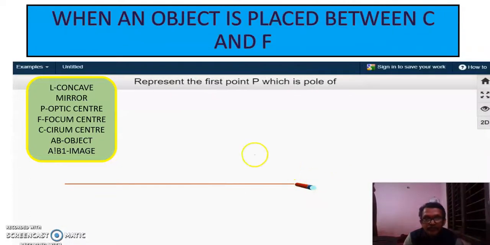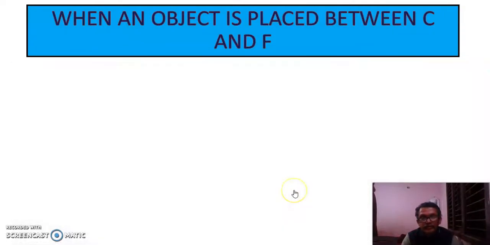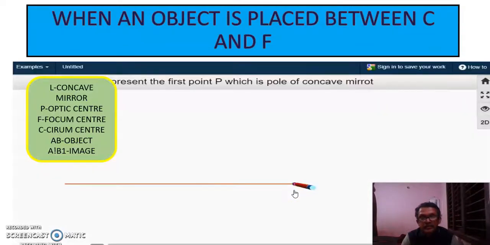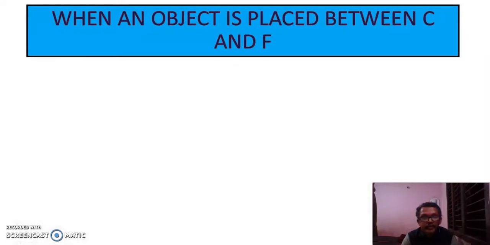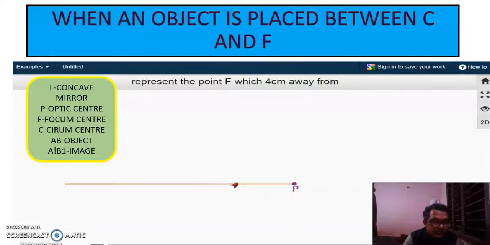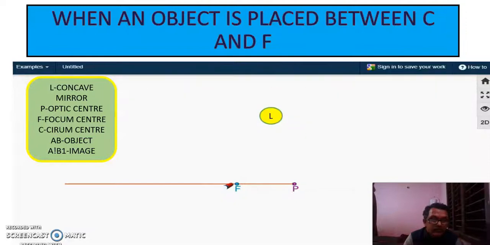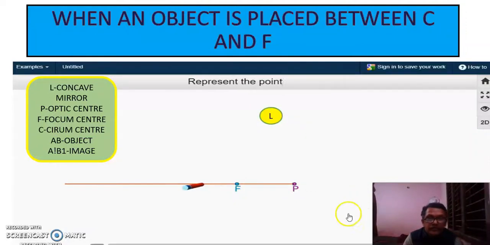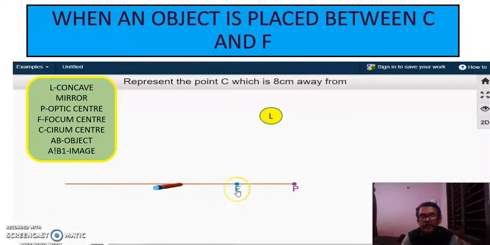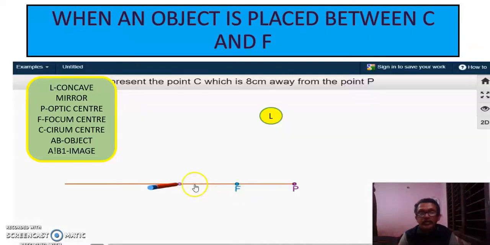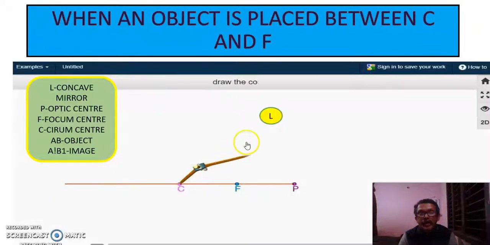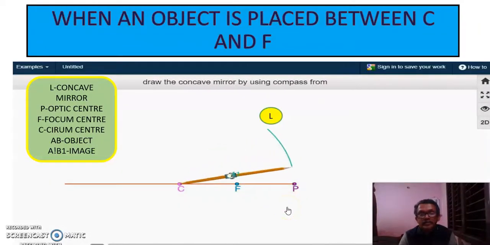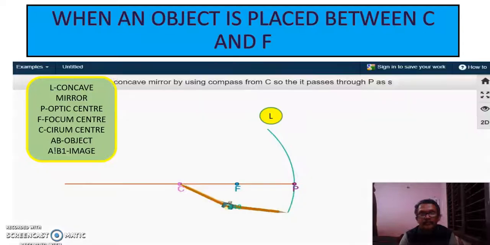Now this point is P, and this point is 4 centimeter F and there 4 centimeter C. Now draw like this. This is the concave mirror.